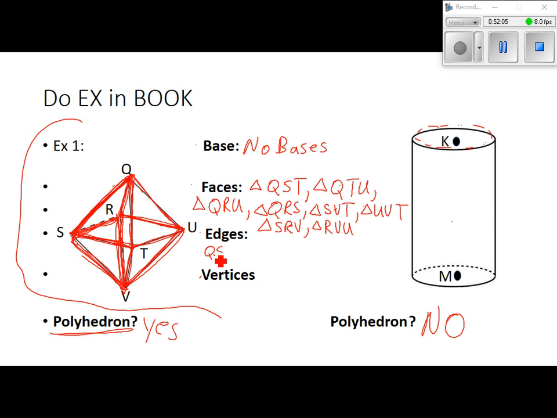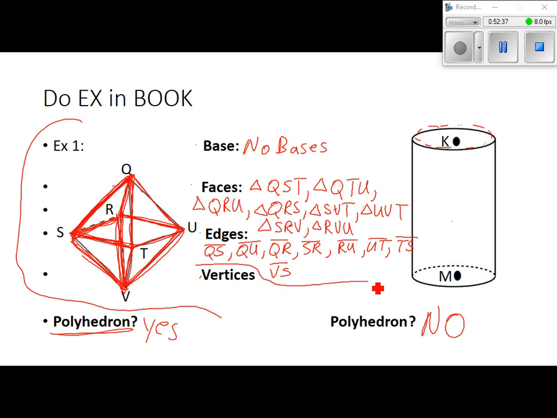So segment QS, segment QU, segment QR, segment SR, segment RU, segment UT, and segment TS. And then going to the bottom, segment VS.